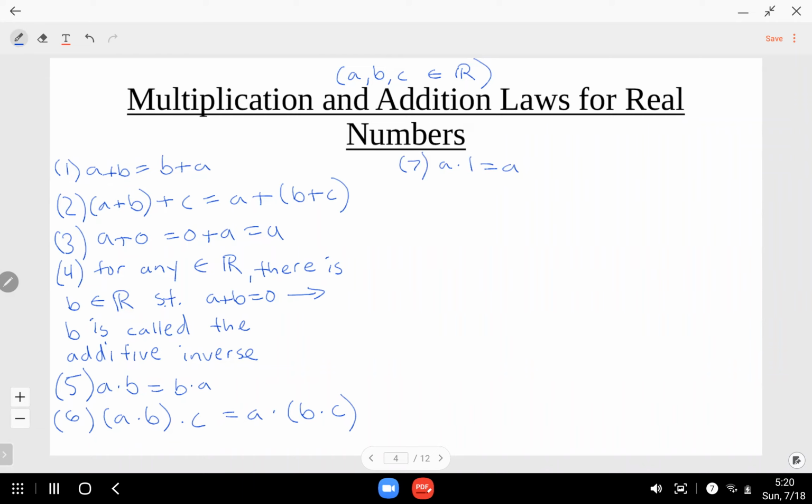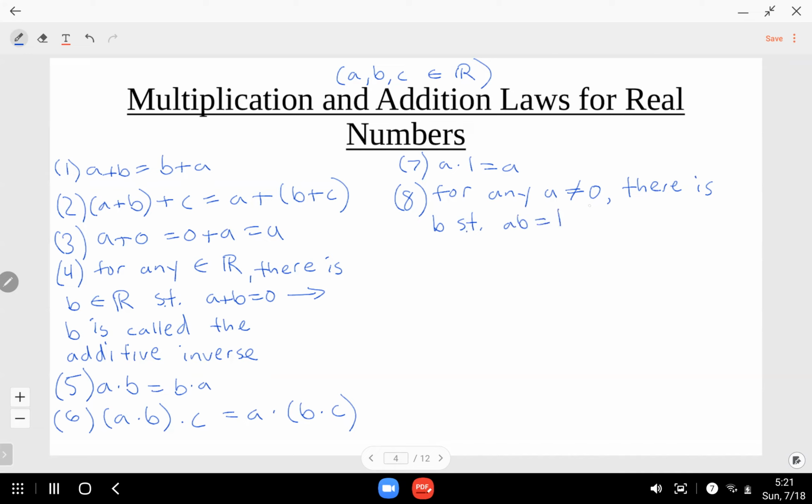And then number 8, our last multiplication law, is that for any a that does not equal 0, there is b such that ab equals 1.